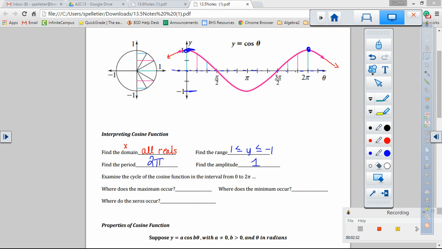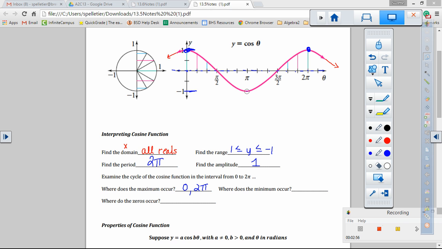Examine the cycle of the cosine function in the interval 0 to 2 pi. Where does the maximum occur? So the highest value. And some of you might say, well, that occurs twice because there's 2 of them. There's 1 at 0 and there's 1 at 2 pi, and you're correct. So where does the maximum occur? At 0 and also at 2 pi. Where does the minimum occur?